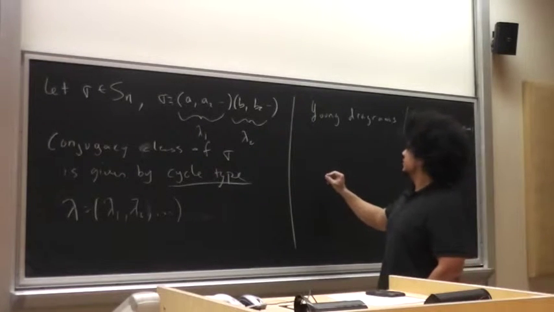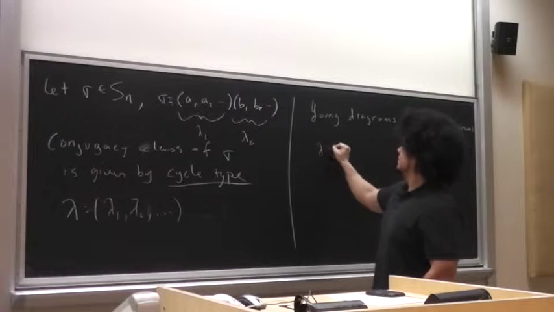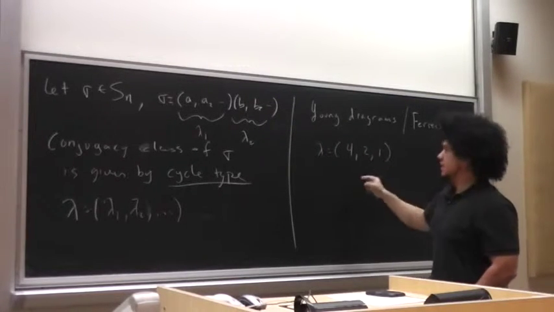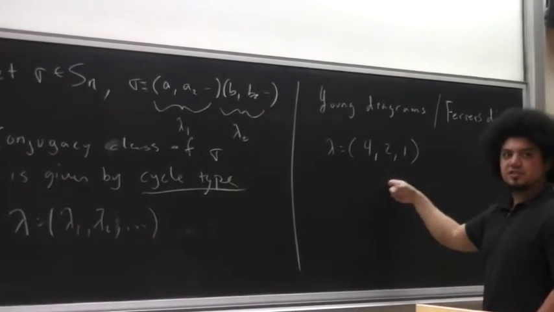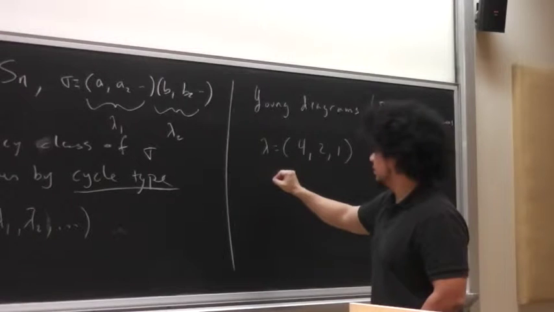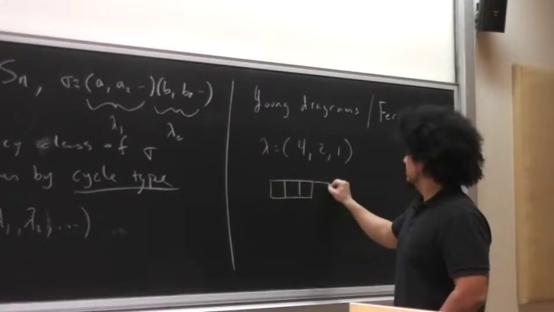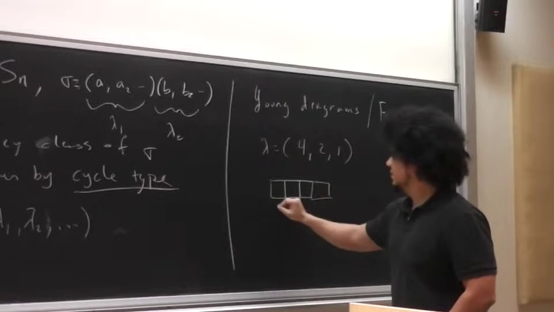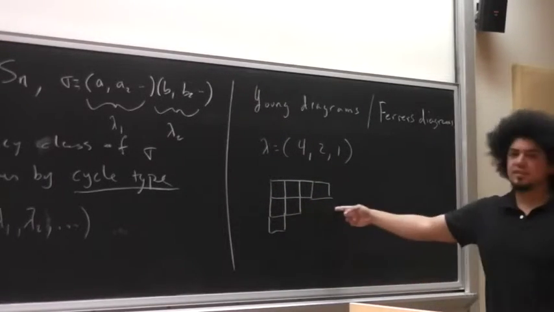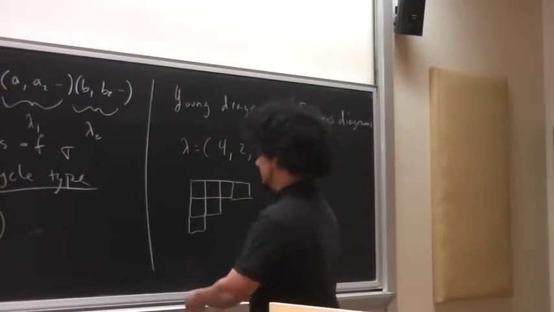I'll just give the definition by example. If we have a partition lambda equals, let's say, 4, 2, 1, then the diagram would be: you put 4 boxes in the first row, 2 boxes in the second row below it, 1 box in the third row below that. So this would be 4, 2, 1. Okay, so this would be the diagram corresponding to the partition. I didn't want to spend too much time on this.